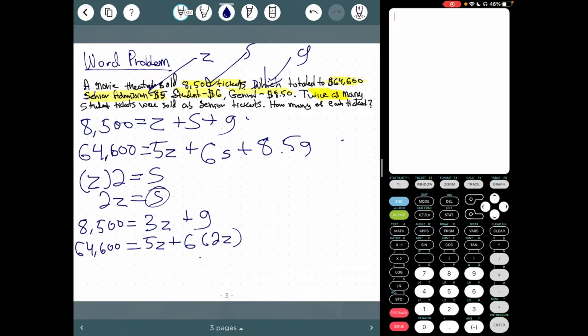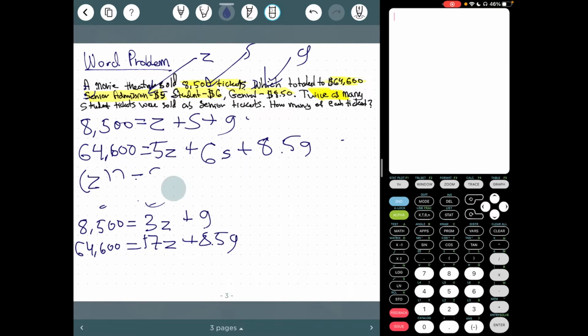Actually, let's finish the equation off first, plus 8.5g. So 6 times 2z is 12z, and then 5 plus 12z is 17z. So we can just write 17z plus 8.5g. And these are our two equations.